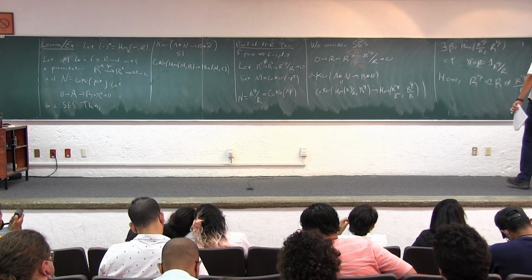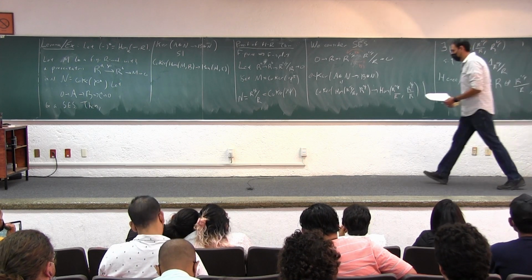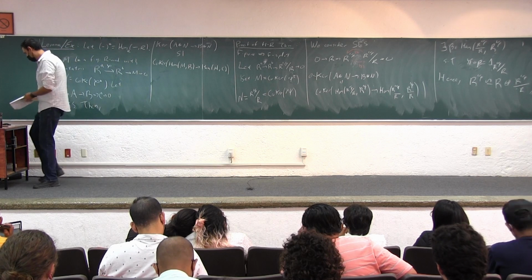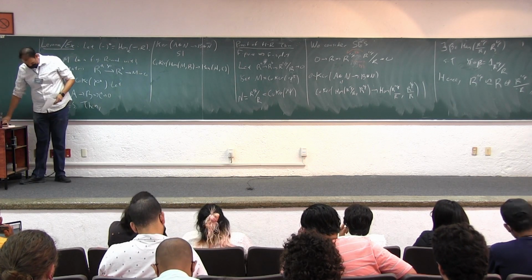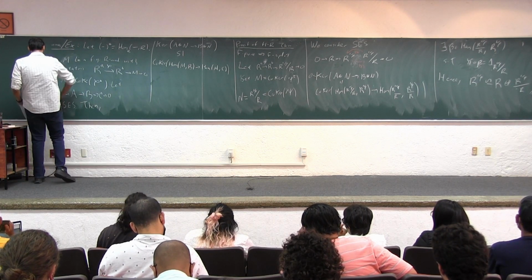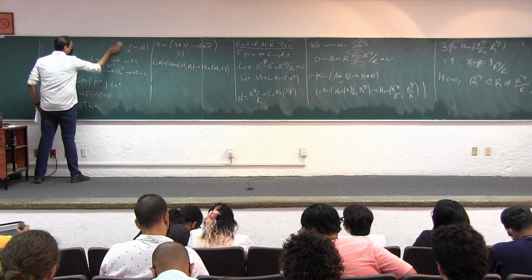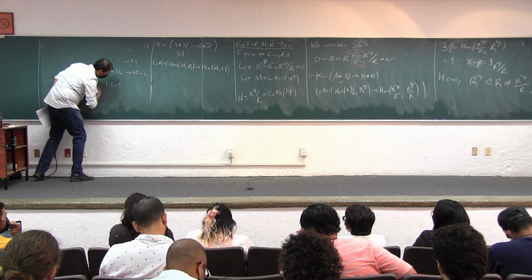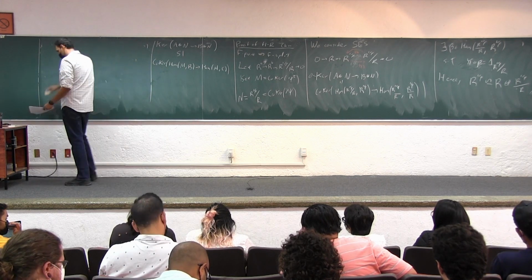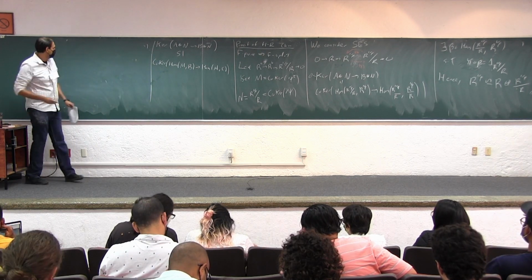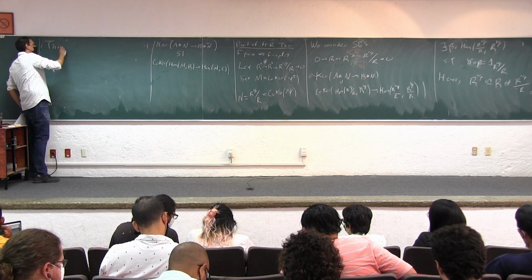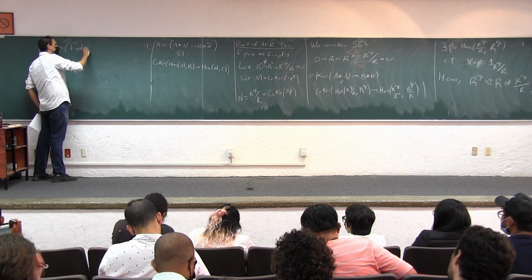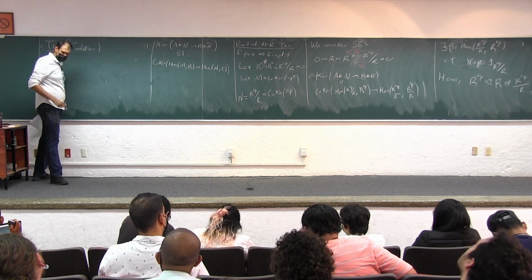Okay, so now let's see consequences. Oh no, examples. No? I only do examples. So, theorem. This is called Fedder's criterion.